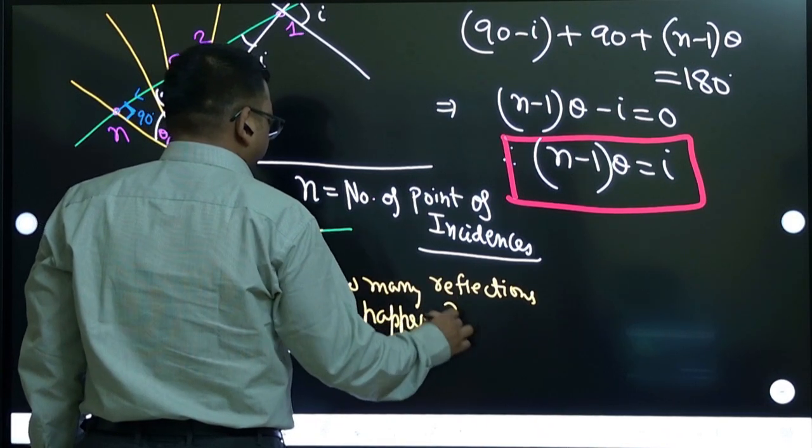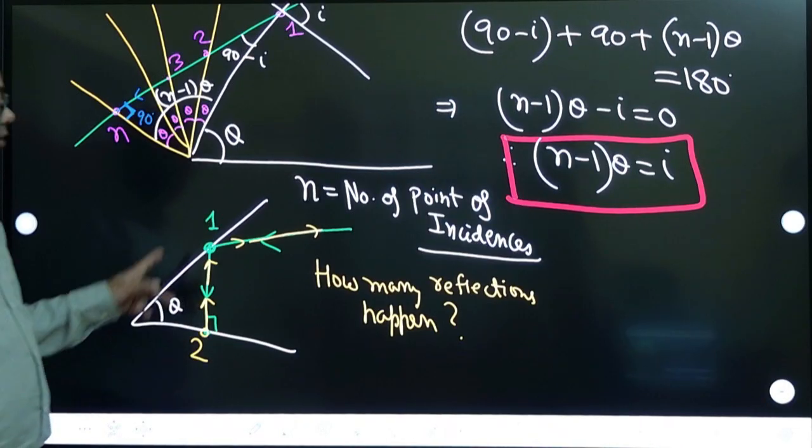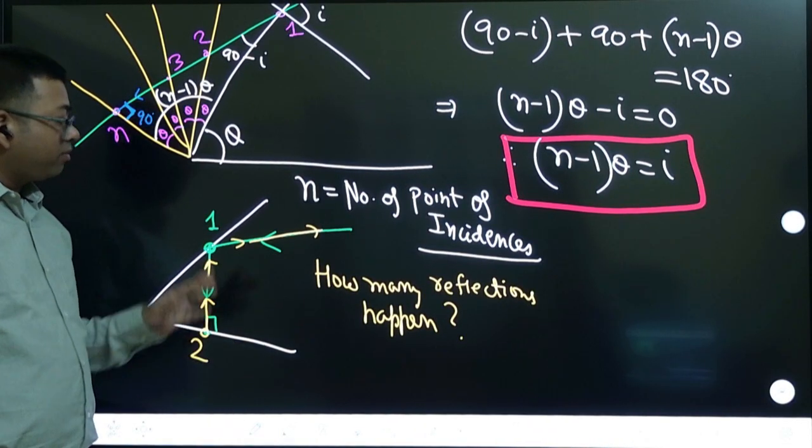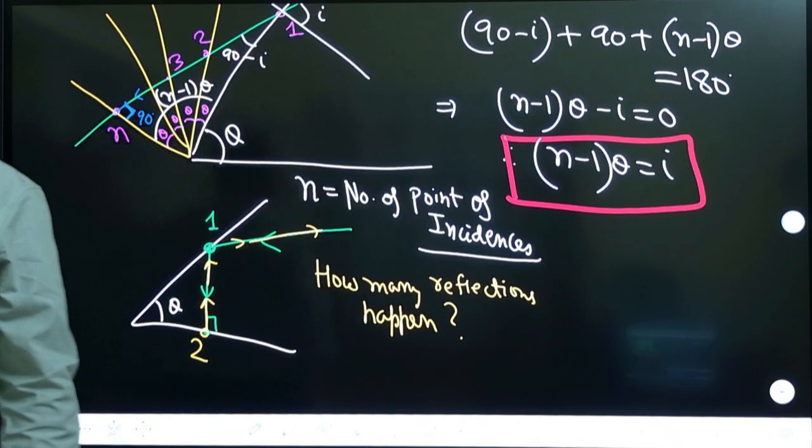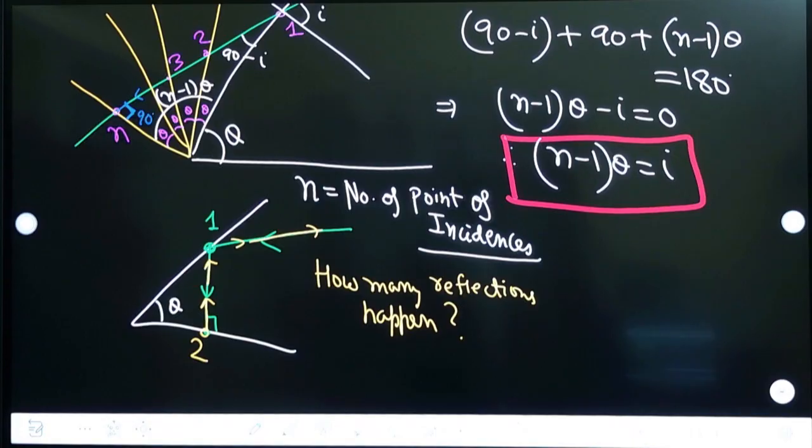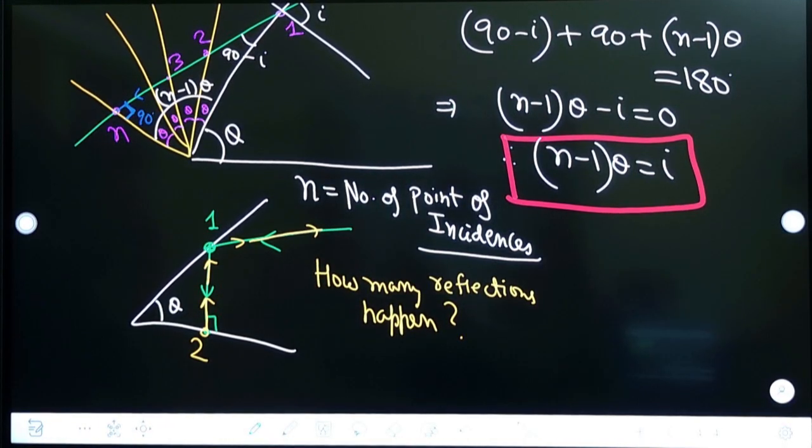We know there are 2 points of incidence, but how many reflections happen? Can you tell? Sham, Lalit, Monish, how many reflections have happened? Think about it and tell.